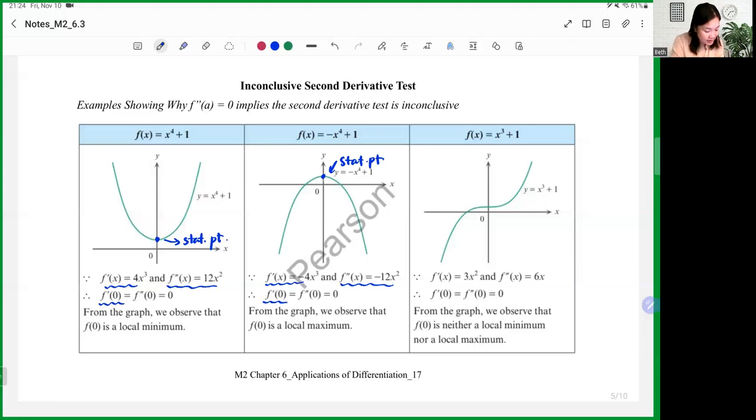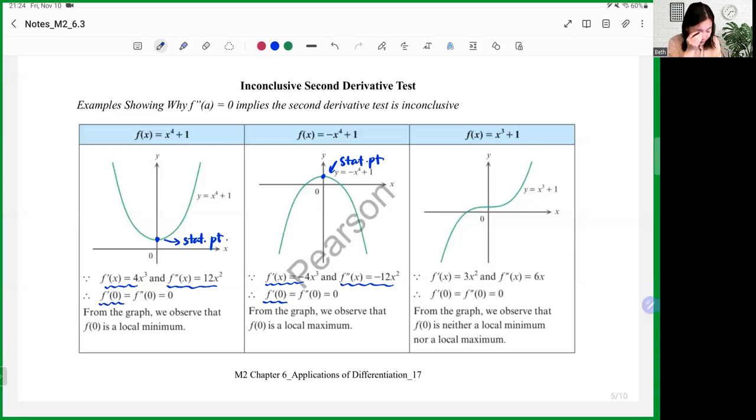Now the second derivative is also 0, but this time, this curve is concave down. In reality, this one looks like it's concave down, and the other one looks like it's concave up. You know what I mean? So if the second derivative is 0, actually we don't know whether it's concave up or concave down.